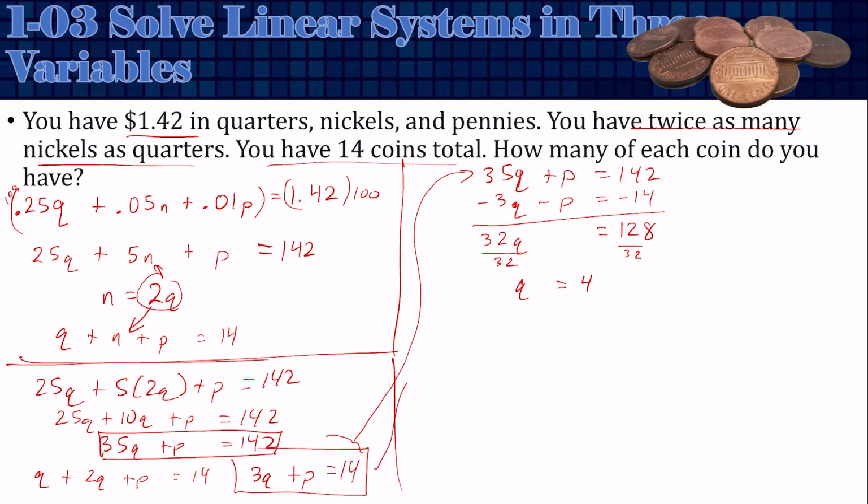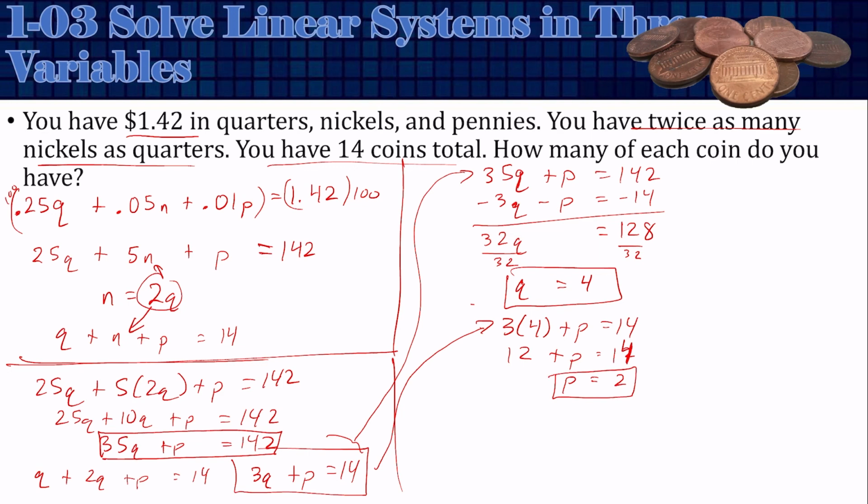I don't know, maybe we can use this one to get P. So I'll have 3 times Q, which is 4, plus P equals 14. So 12 plus P is 14. So it looks like we have 2 pennies.